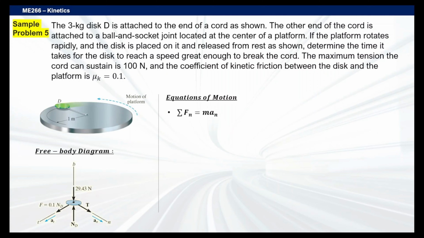And here we can determine that for n, we have the tension, and we have the mass. And of course, we have the normal acceleration, which is equivalent to v squared over radius of curvature, just like so.